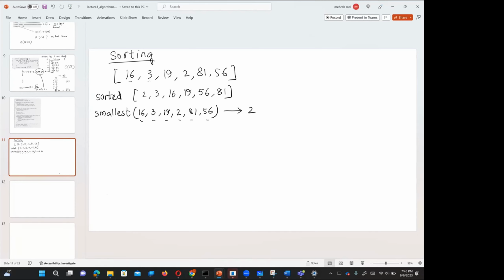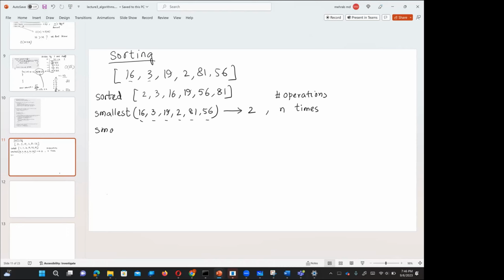N elements, 6 times. Yes, n times. So the number of operations is the number of numbers he will check. He will check every number, and only after he checks every number does he know that 2 is the smallest, right?